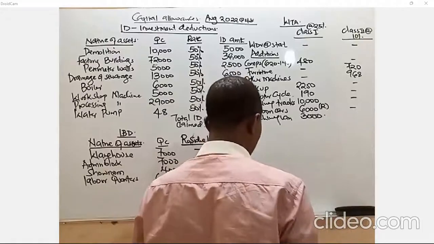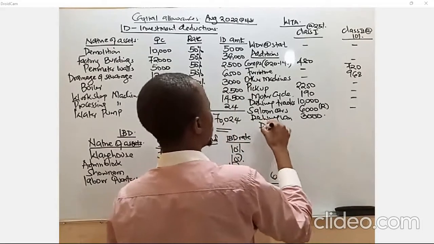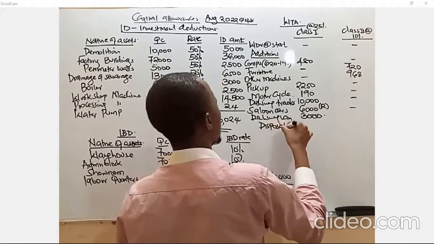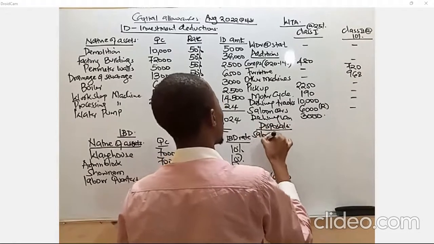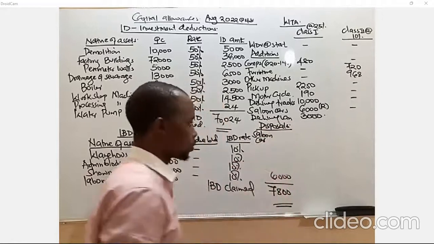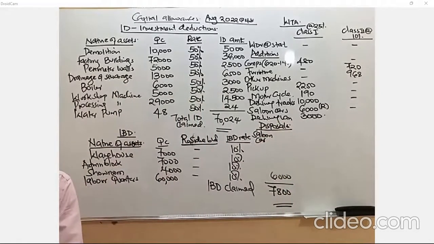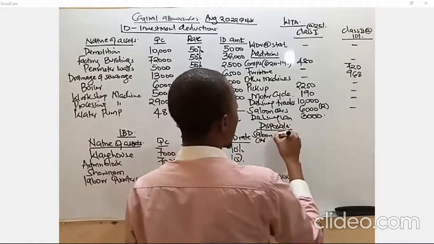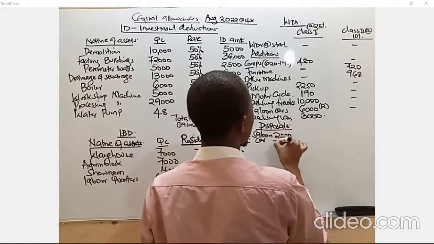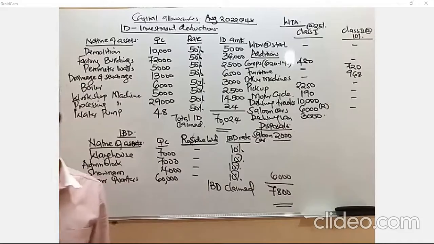We have a disposal for the saloon car. So we have been told the saloon car was compensated for a certain amount. In this case, the value which was compensated is 2,000.